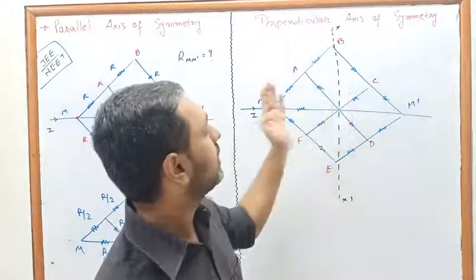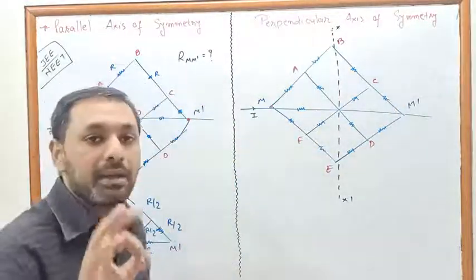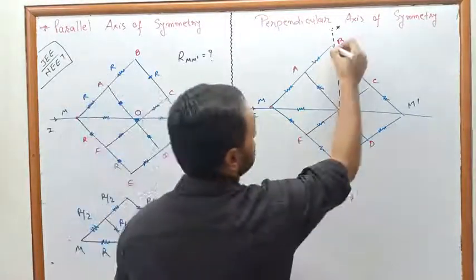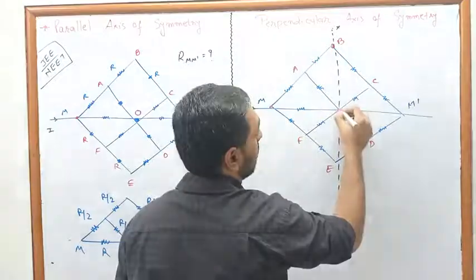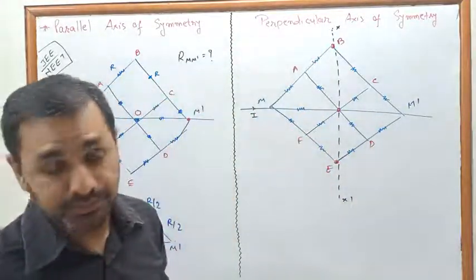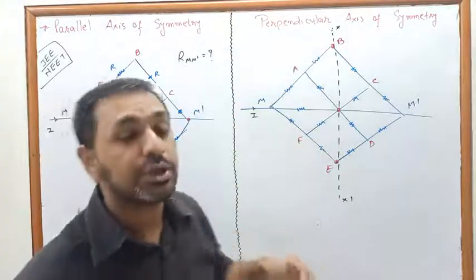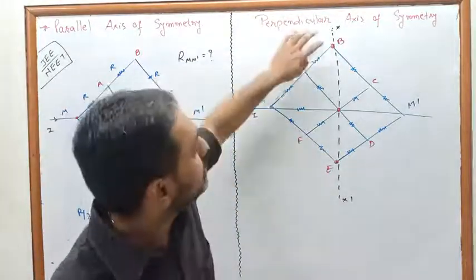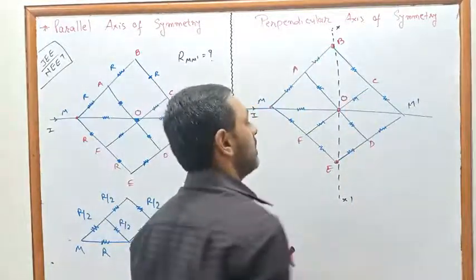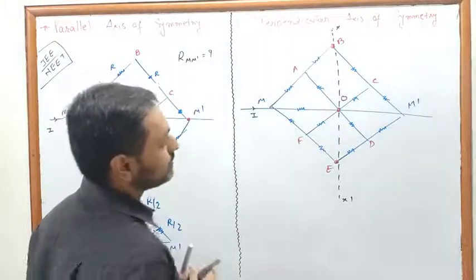Here also, left and right you can see the symmetry. In perpendicular axis symmetry, mark my words, the points which are on the perpendicular axis, you can join them. Suppose point B, this is point O, and this is point E. You can join these three points.